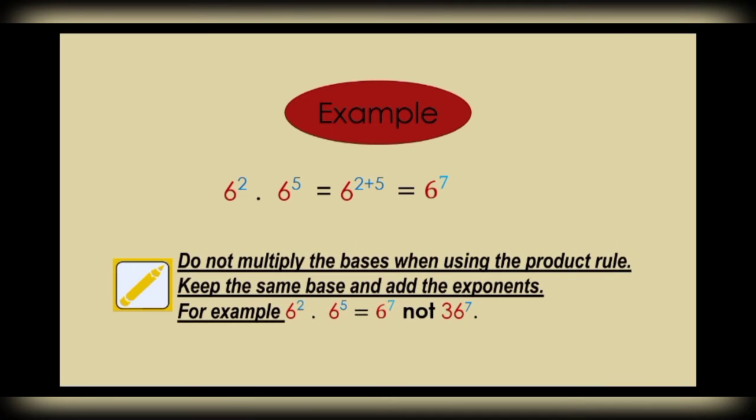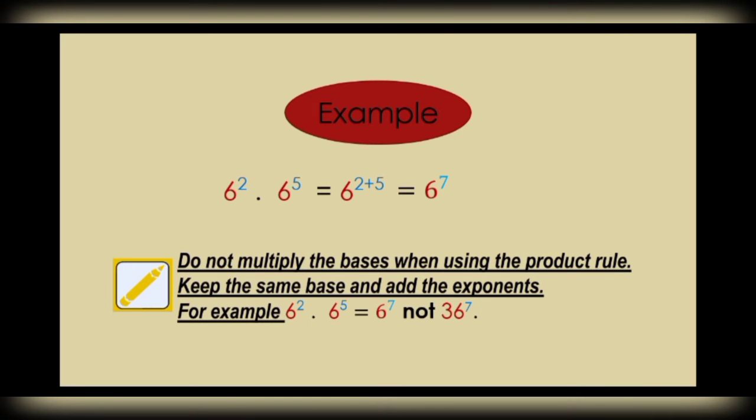Now look at the example. 6 to the power of 2 into 6 to the power of 5. By using this law, this value becomes 6 to the power of 2 plus 5, which is 7. Note it. Don't multiply the bases when using the product law.